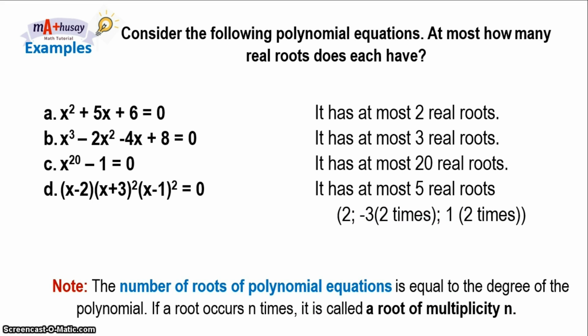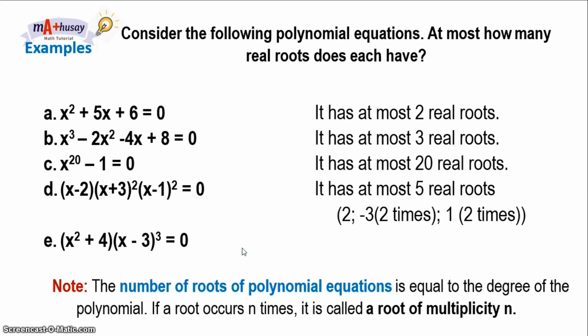So if a root occurs n times, it is called a root of multiplicity n. In this case, we have negative 3 which occurs twice, so we can say that negative 3 is a root of multiplicity 2, because it occurs twice. The same with 1.